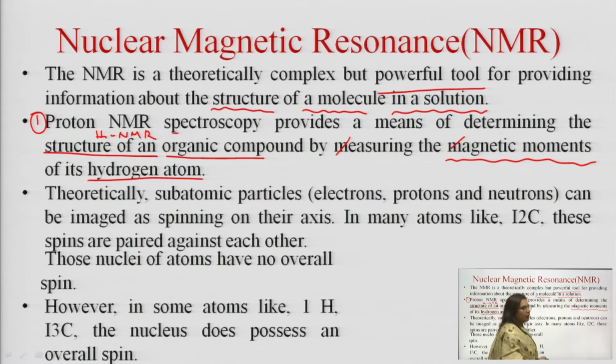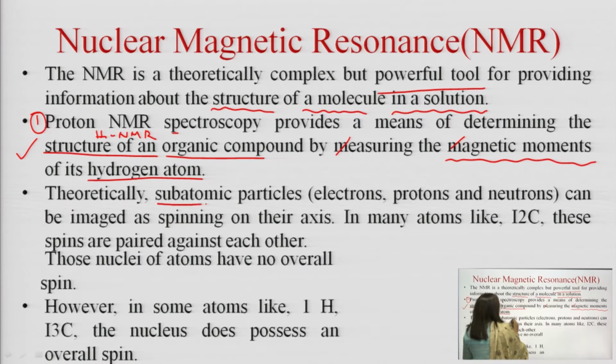In any phytoconstituent, the hydrogen atoms are directly associated with carbon, and their interaction, the number of protons present and the neighboring atoms will affect the electromagnetic radiation response, and hence the structure can be computed.